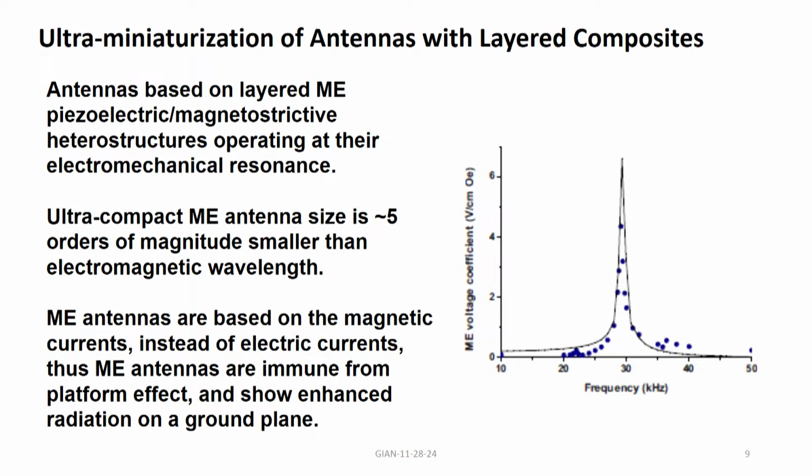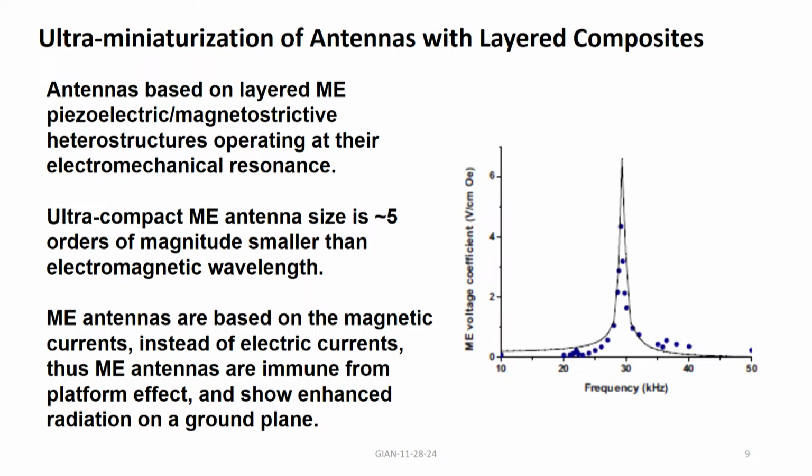That is where the composite comes into use. So, the ultra miniaturization can be done with a composite of a ferroelectric and a ferromagnet, or a piezoelectric and a ferromagnet. How can it be done?